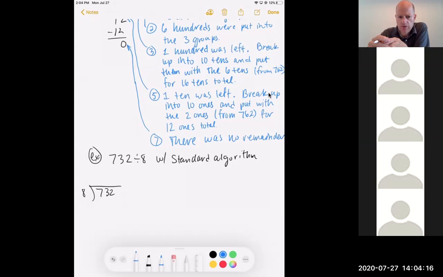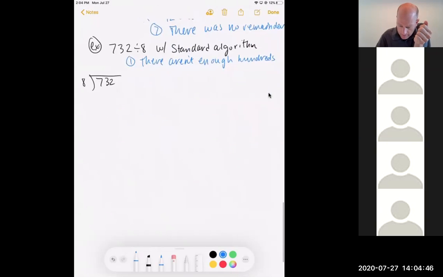And maybe you can use base blocks in your mind as a way to know what to do. What do we do? We break up the 700s into tens. Good. So there aren't enough hundreds. And so you want to explain this if you're explaining the algorithm here.